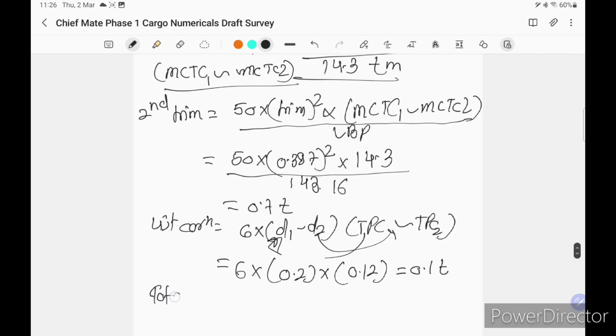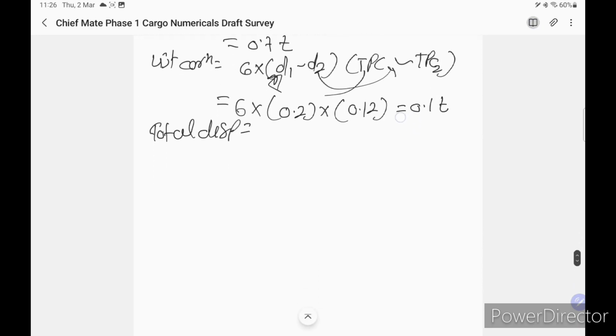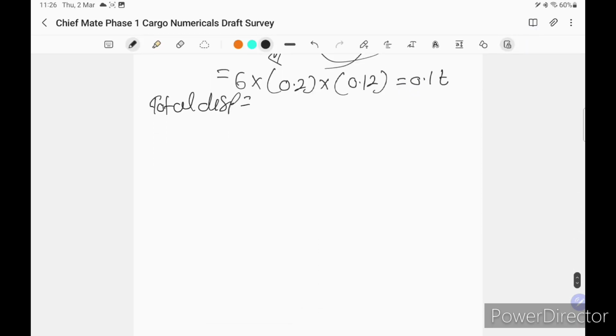So now we'll get the total displacement. Now we'll calculate the true displacement. The displacement of the true mean draft, plus the second trim correction, plus the list correction, adding these three gives us the total displacement.